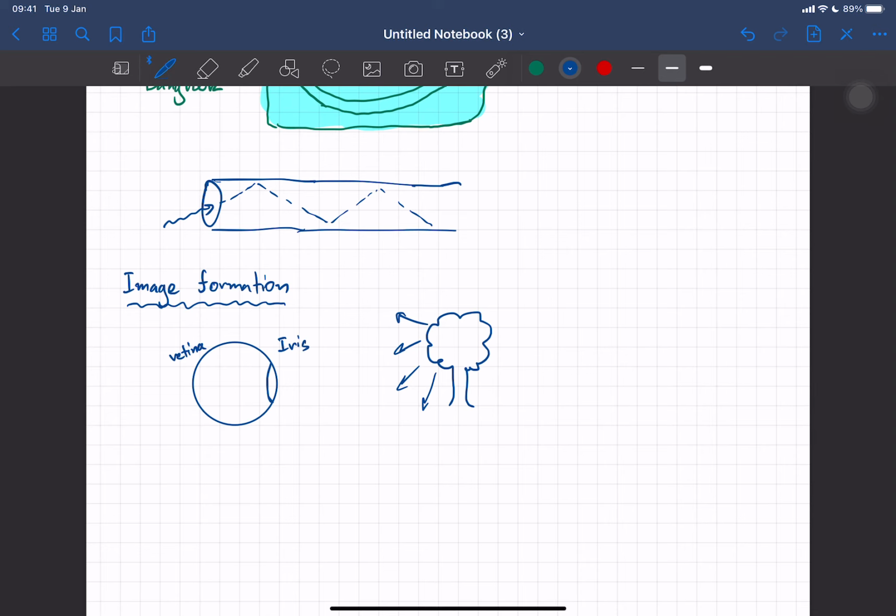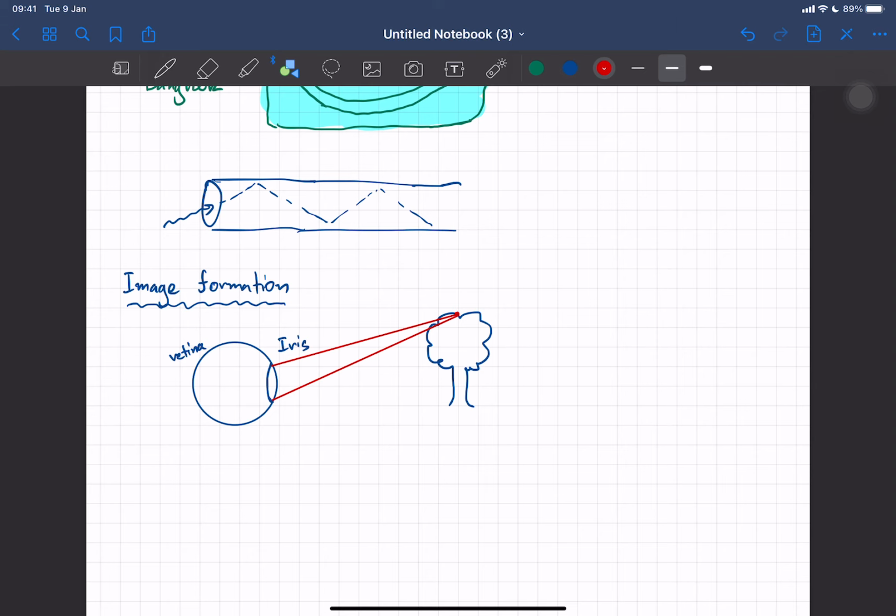We'll talk about that in a few moments, and put the light on the retina so that we can see the same picture of the tree here on the retina, and then our brain translates that into something that we understand. Okay, so if we take the top part of the tree, light will go out everywhere. This exact same spot of the tree will give light in every direction, but part of the light will go to the eyes like that, and the other one like that.